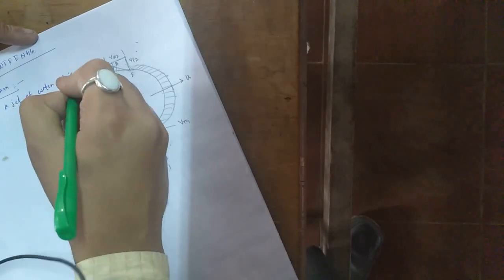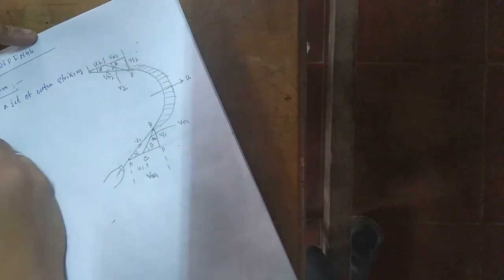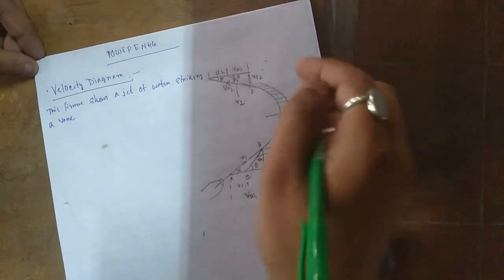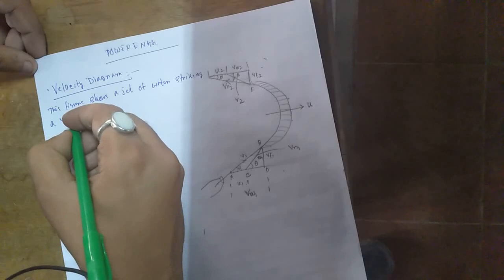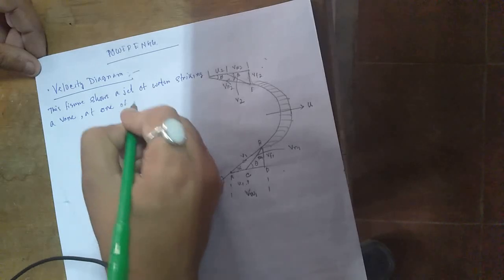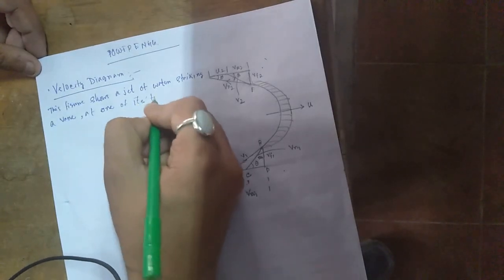So I write it that this figure shows a jet of water striking a vane at one of its tips.